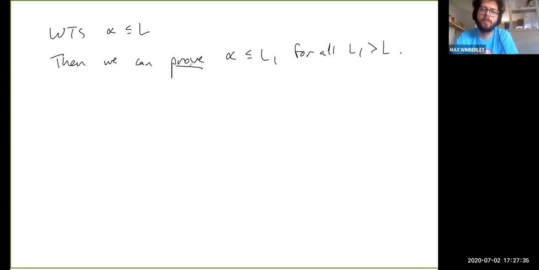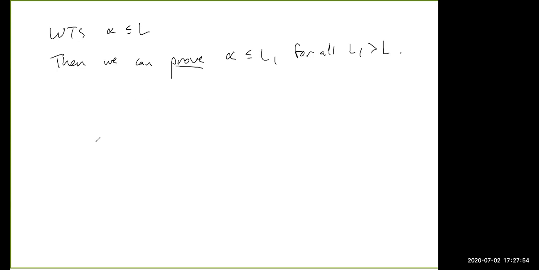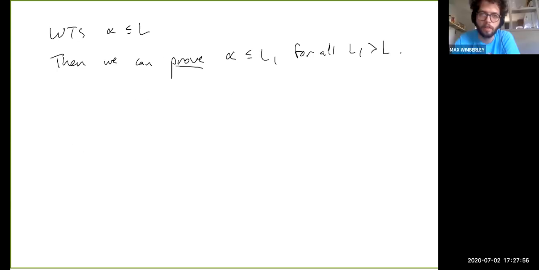Well, no, because the point is that if we show this is true for all L1 greater than L, then we can pick any L1 we want and we'll know that alpha has to be less than or equal to that, right? So it would be a contradiction. Okay, let me draw.